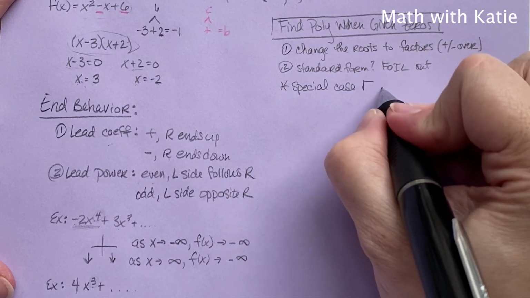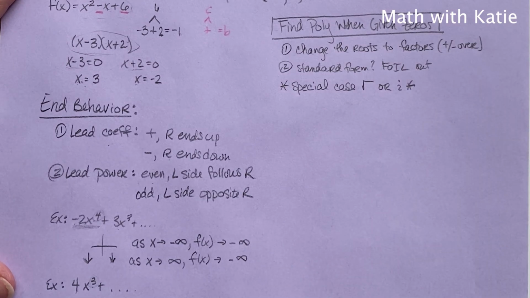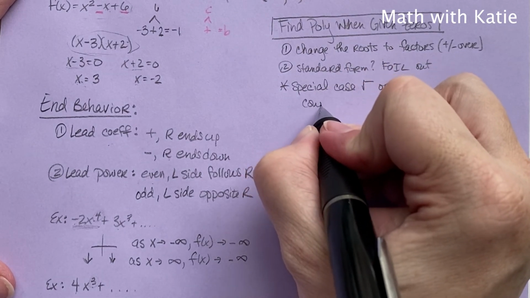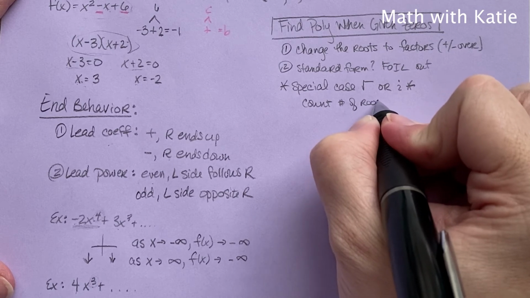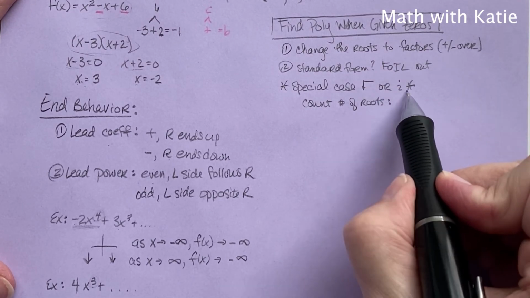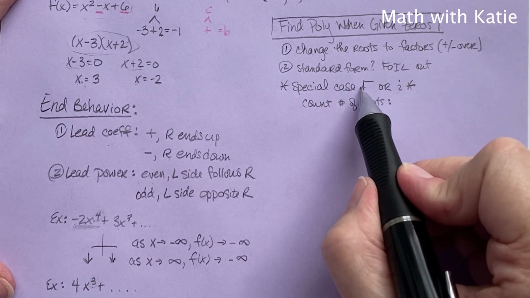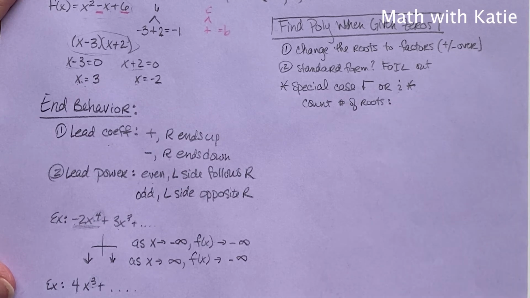All right, now we did a simple one going backwards over here, but if we have a special case of either square root or an imaginary number. Okay, so if they're asking you to actually count the number of roots, you have to count these as 2, because in order to get a square root or an imaginary number, you have just square rooted both sides, right?